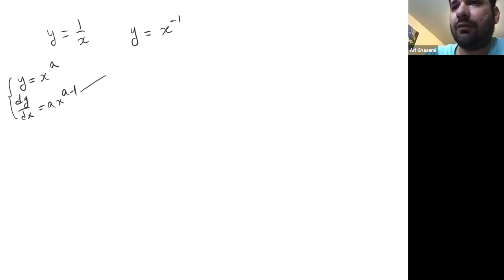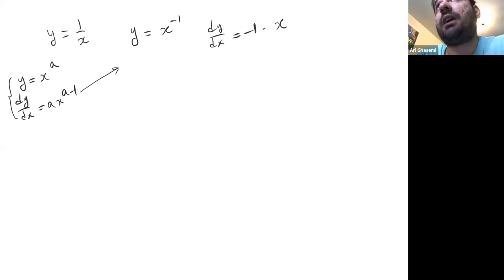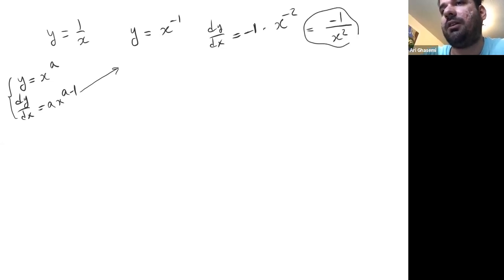So if I want to use this formula, then dy dx is -1, because -1 is a, times x to whatever the power is subtracted by 1. So you get -2. Now bring this to the bottom. So you get -1 staying in the top divided by x squared, right? Now go back to the example. Now my spring constant, instead of y, I just simply say k is aE over L. Okay?